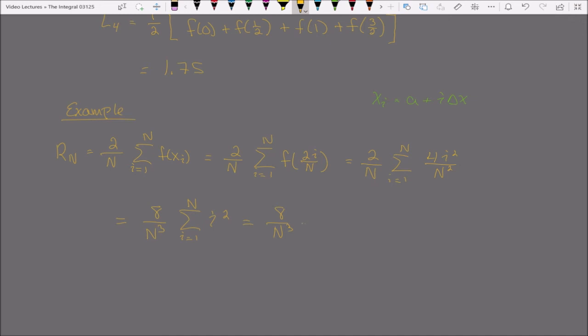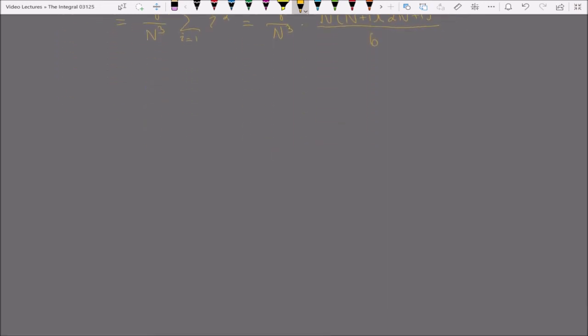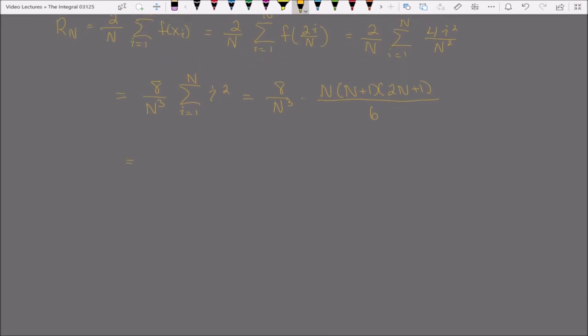That is n times n plus 1 times 2n plus 1 all over 6. And this simplifies to 4n times n plus 1 times 2n plus 1 all over 3n cubed.